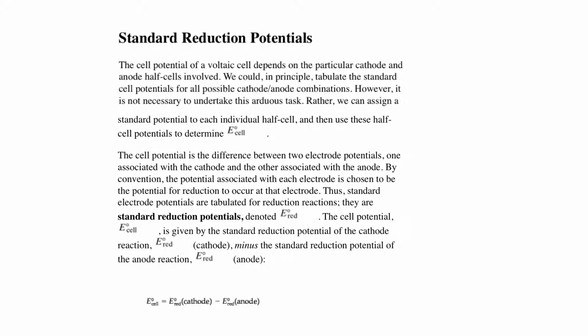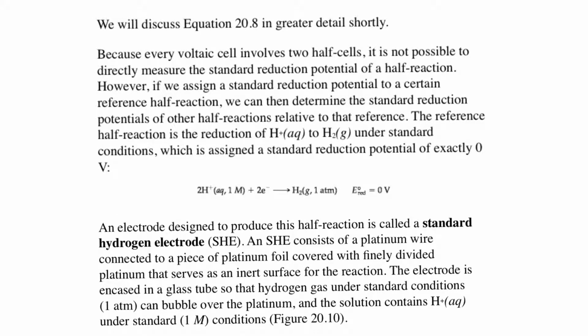The cell potential, E naught sub cell, is given by the standard reduction potential of the cathode reaction, E naught sub red of the cathode, minus the standard reduction potential of the anode reaction, E naught sub red of the anode. We will discuss equation 20.8 in greater detail shortly.